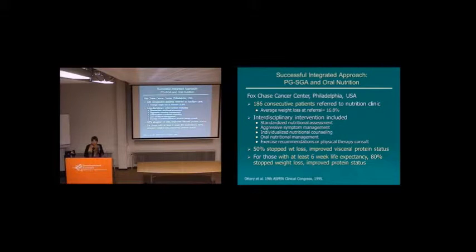Now think of what would have happened if they'd been sent to you all or your colleagues 6 months earlier, 3 months earlier. Do you think that would have made a difference? If we can take patients who've lost that much weight, and by doing an interdisciplinary approach get 80% of them to stop losing weight, and stopping losing weight is the first step to getting back into anabolism, to get better.